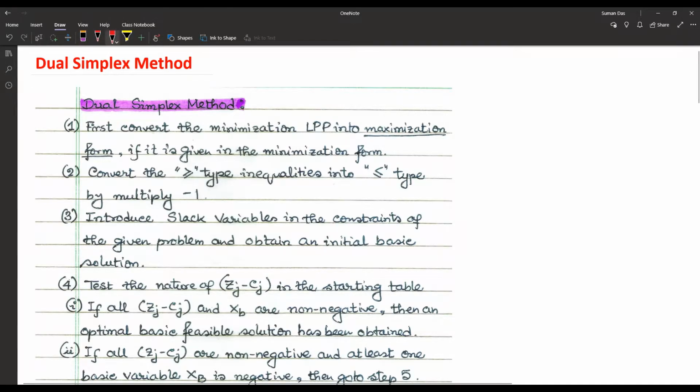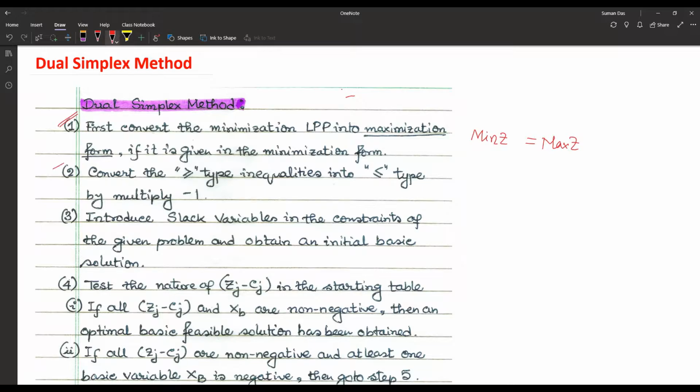That means if we have a minimization Z, then we have to transform it into the maximization LPP. So that is our first step.